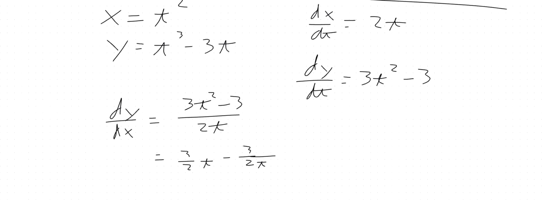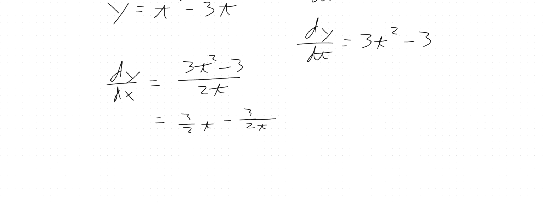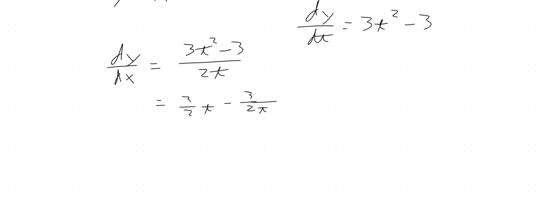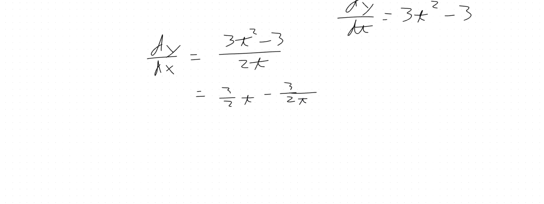And you can even factor out the 3/2 if you'd like. But now we want to find our second derivative. Therefore, we have to take the derivative of this part.